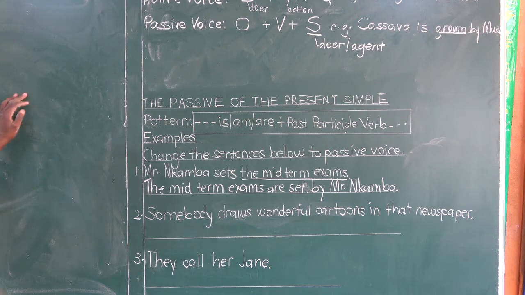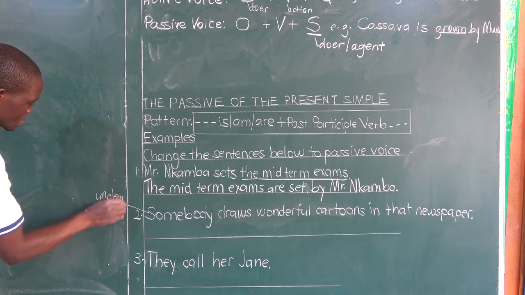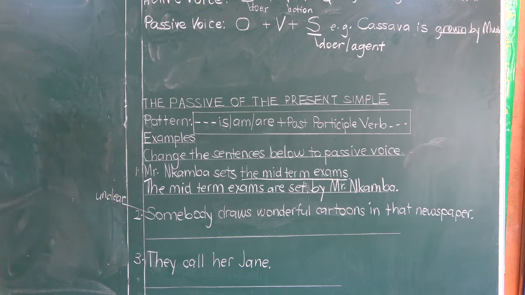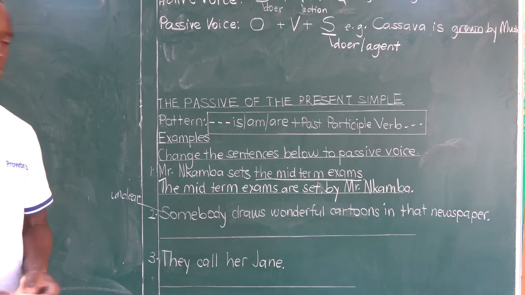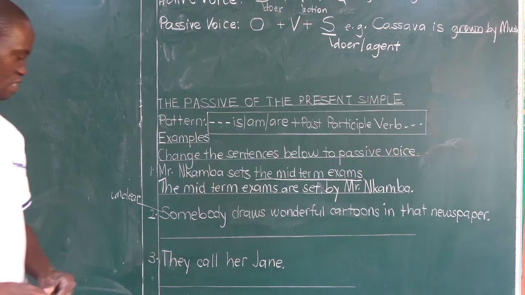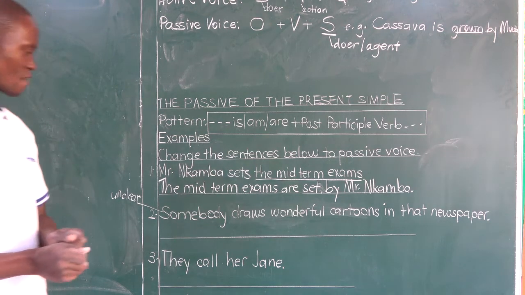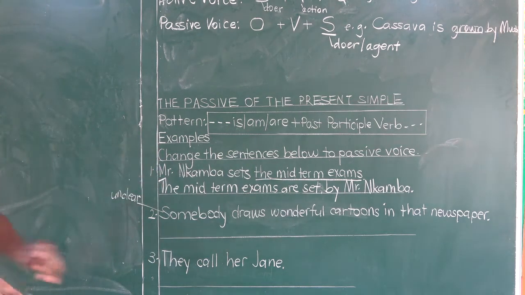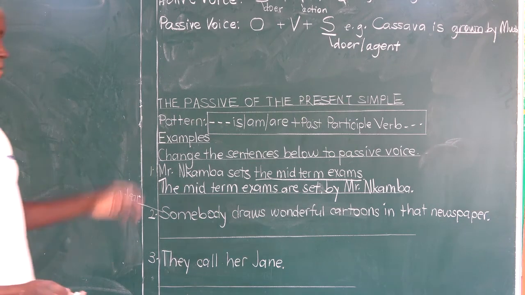Meaning, this is an unclear subject. And how do we treat unclear subjects in the passive voice? They do not appear in the passive voice. I repeat, unclear subjects like somebody, nobody, someone, everybody will never appear in the passive voice. They have no place in the passive.